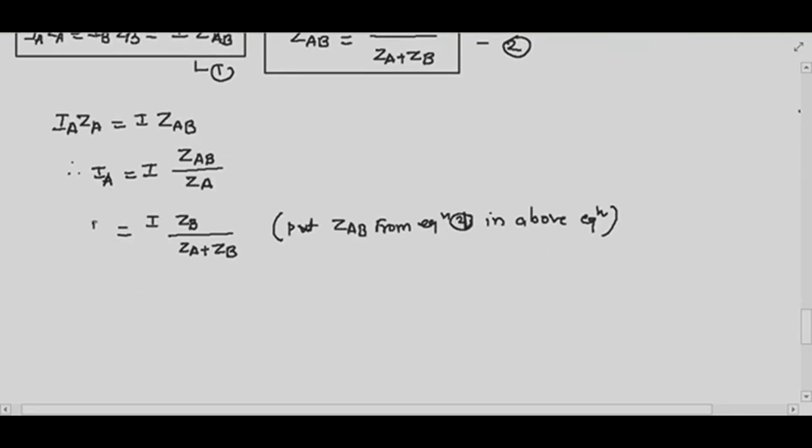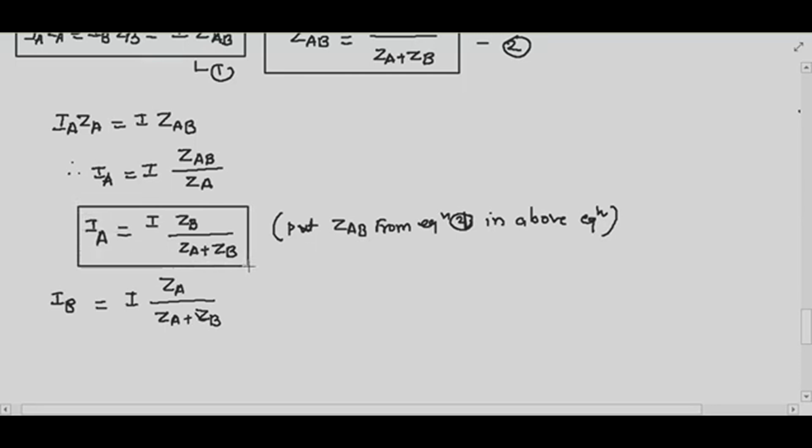So similarly, this is your IA. Similarly, what can I write down? I can write IB equals I into ZA divided by ZA plus ZB. So simply we have seen these two formulas with the help of the current division rule in the above figure also. Okay.